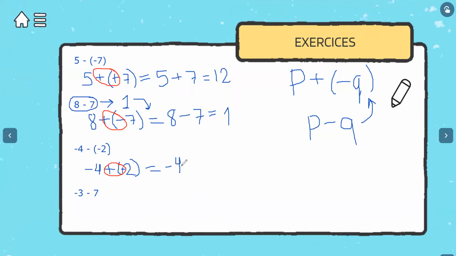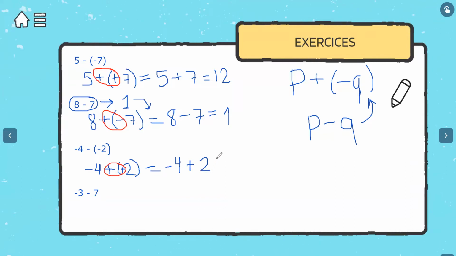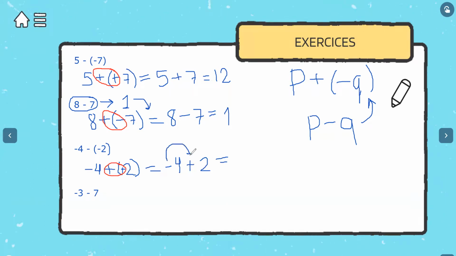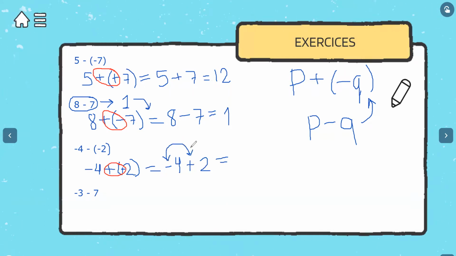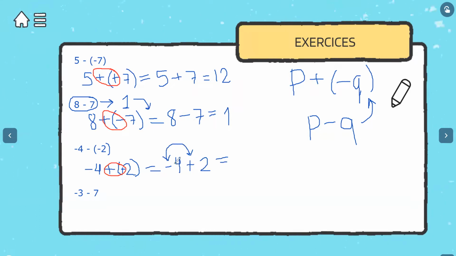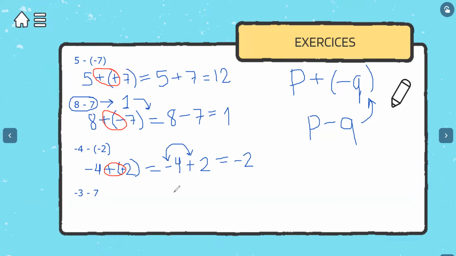Positive times positive remains positive. And then we have a 2. So we have a -4 plus 2. Remember, when we have addition with different signs, we do a subtraction. So we do 4 minus 2, it's 2. And the biggest number is the 4. So the answer would be a -2.